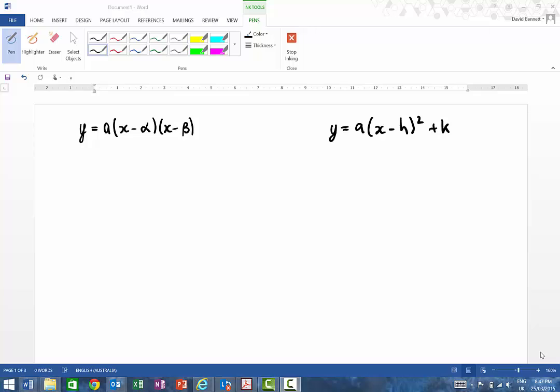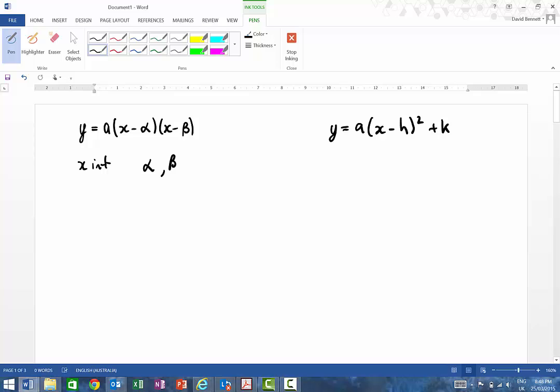So the idea here is, looking at this graph, we're looking at our x-intercepts. Our x-intercepts are going to be alpha and beta in this particular case.